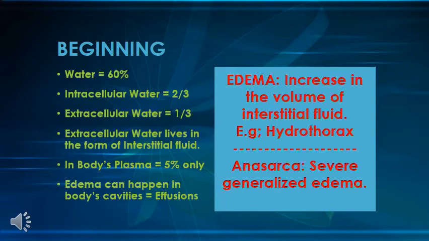Sometimes we say an apparent increase in the volume of interstitial fluid in the interstitial spaces. So in short, edema is an increase in the volume of interstitial fluid in the interstitial spaces. Edema is associated with many diseases, but sometimes the cause of edema remains unknown.